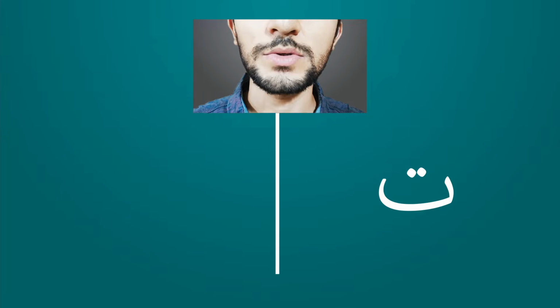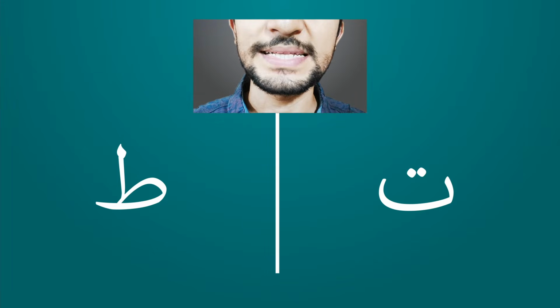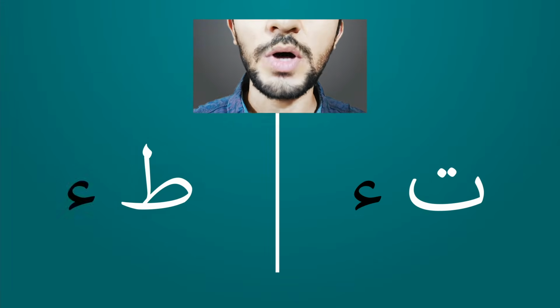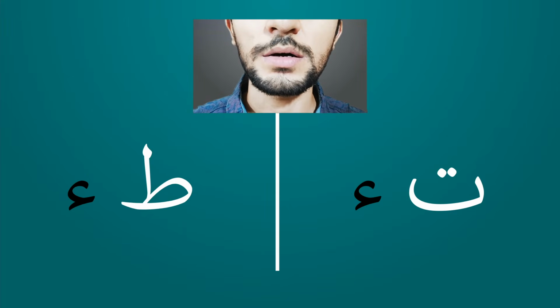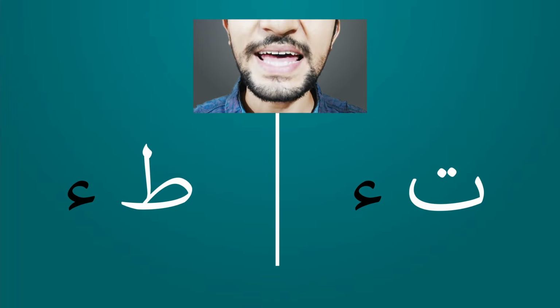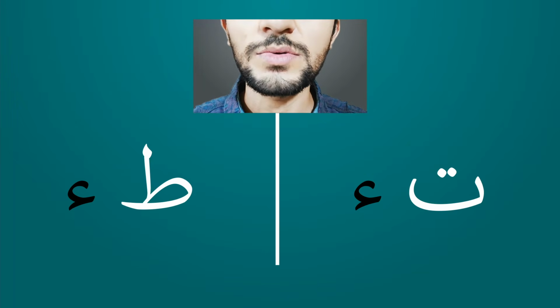Now look at my mouth and see the difference. I want you to practice with me. Te, ta, te, ta, te, ta. Now I'll repeat them many times. Te, te, te, te, ta, ta, ta, ta. We can even switch between them. Te, ta, te, ta, te, ta.